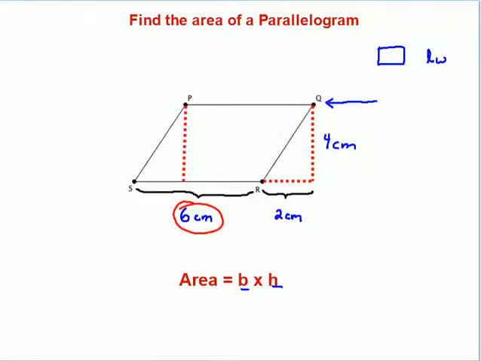In this case, any kind of problem you get, it's always going to tell you the height. And here is our height. And that gives us the formula that we need. So base times the height, the base is 6, the height is 4, then our area is 24. But 24 what? Oh no, centimeters? No, we got to have centimeters squared. And that is the area of our parallelogram.